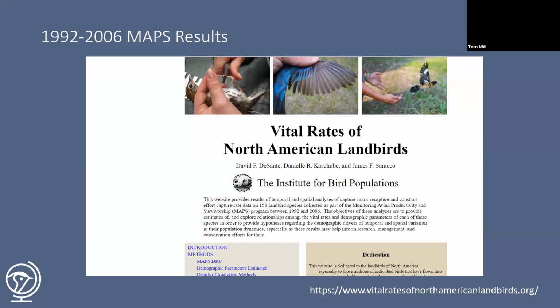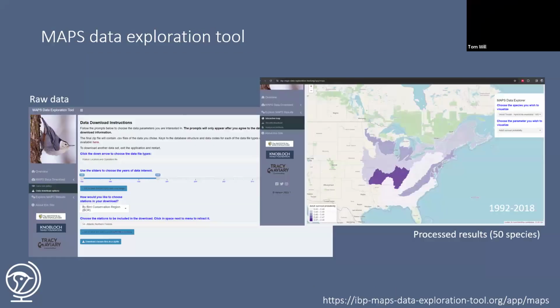So you can look at those for 150 plus species. Some of them are very limited in spatial scale for which data is available, or the number of BCRs for which data are available. But it's been used for a variety of interesting uses since it's come out.